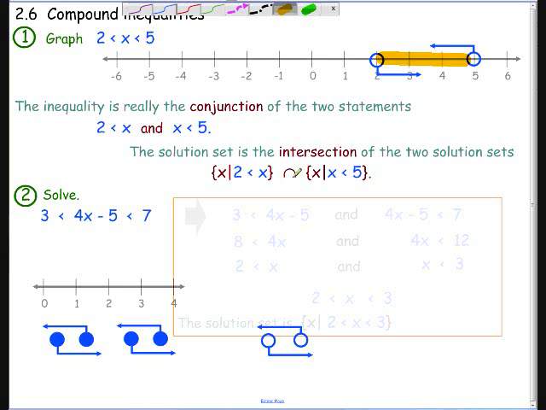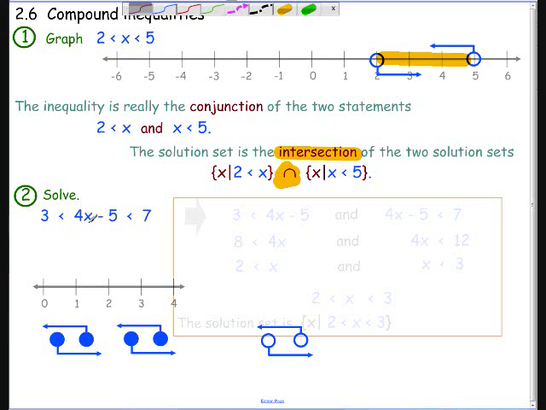This sign here means intersection. This statement here, x such that, we would read the straight line as such that x is greater than 2. And this one we would read as the set of all x such that x is less than 5.